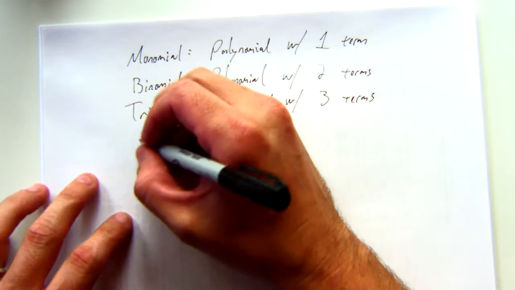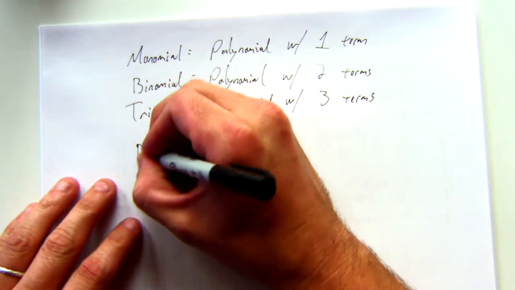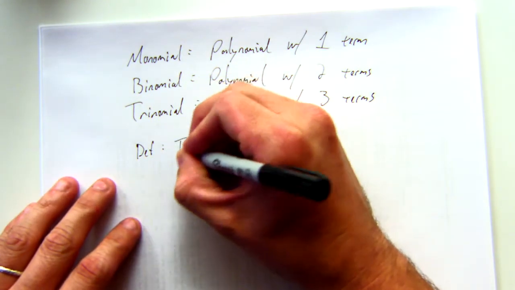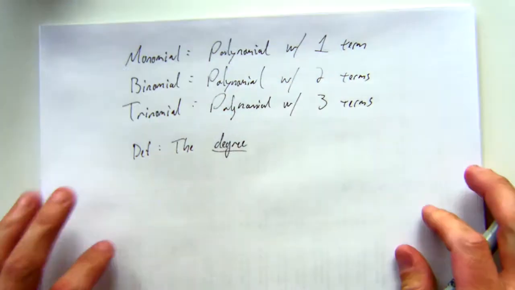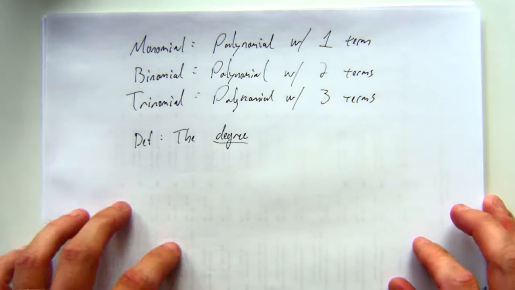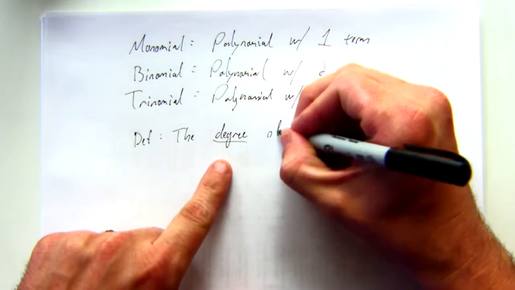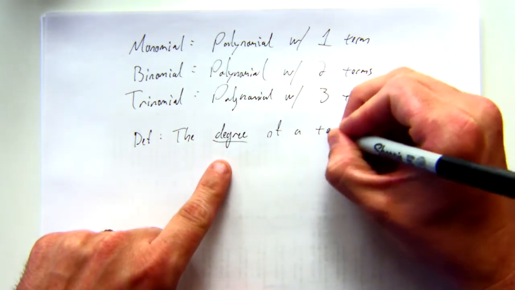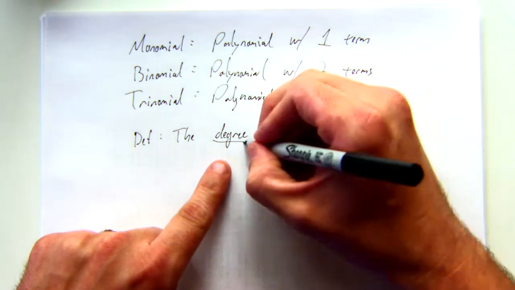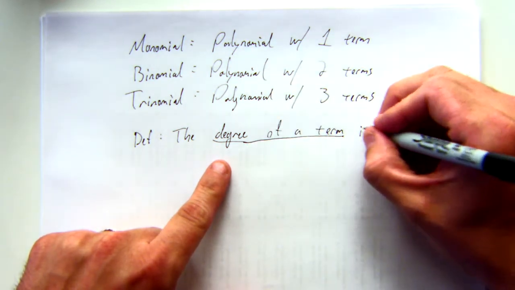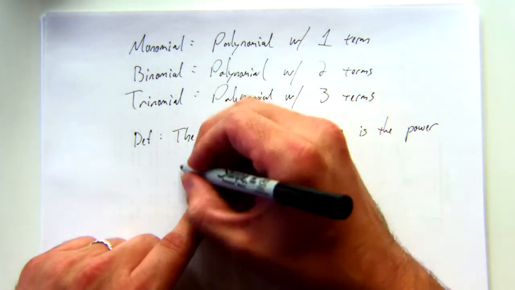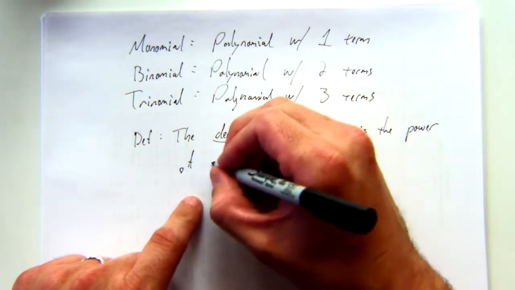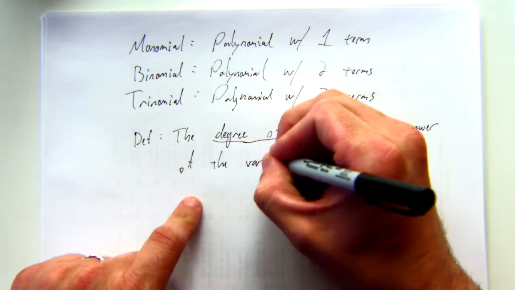Okay, we also have a definition, the degree. Just a lot of language here at first, and we'll do some examples in a minute. The degree of a term is the power of the variable.